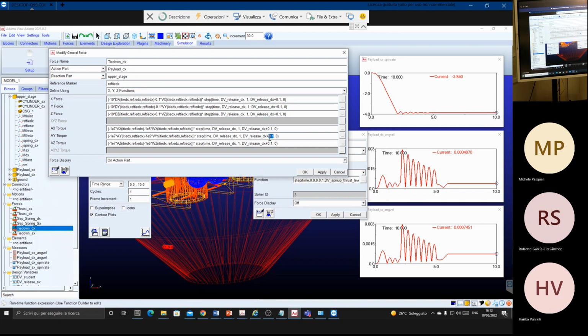So this is what you have to do, and the goal is to do so in compliance with the requirement that I have prescribed, meaning that the release phase must not last more than 10 seconds.